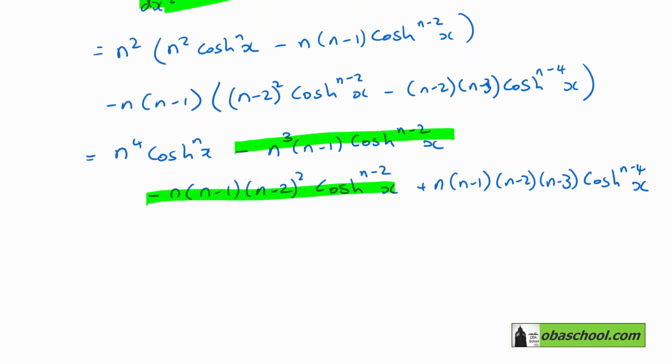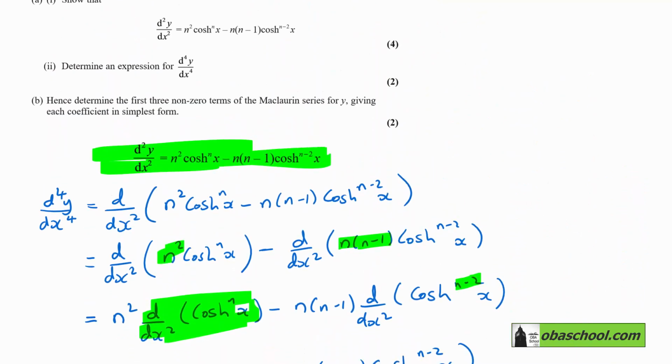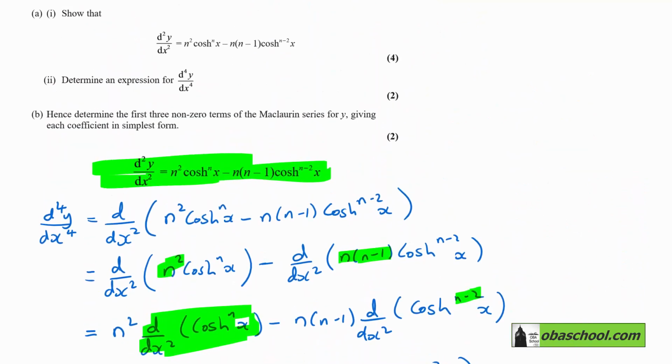So now we just need to approach part B of the question. Hence determine the first 3 non-zero terms of the Maclaurin series for y, giving each coefficient in simplest term.